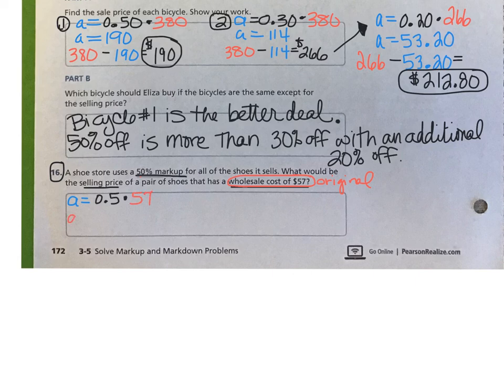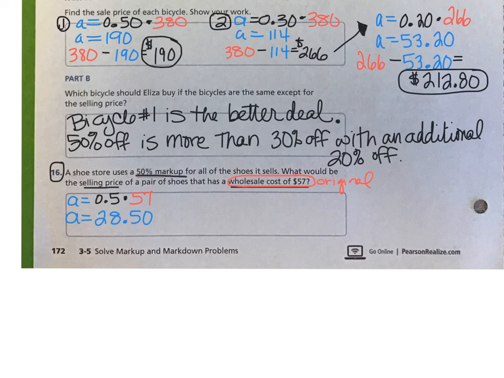So that markup amount is the 50% times the $57 or $28.50. So that's the amount that every pair of shoes gets marked up if it's $57 originally.